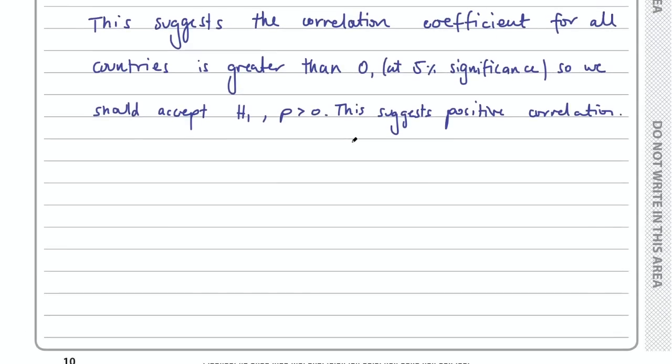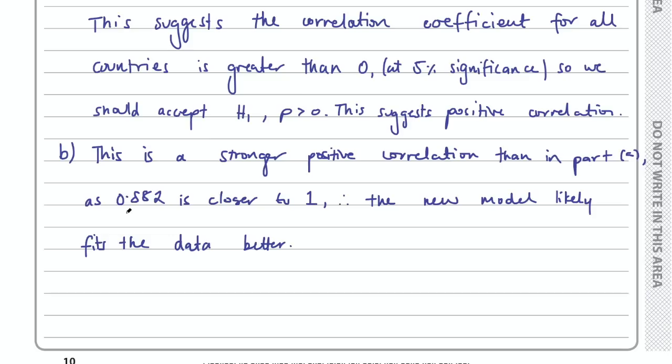So let's try to summarize that for part B. This is a stronger positive correlation than in part A, as 0.882 is closer to 1, therefore the new model is likely to fit the data better.